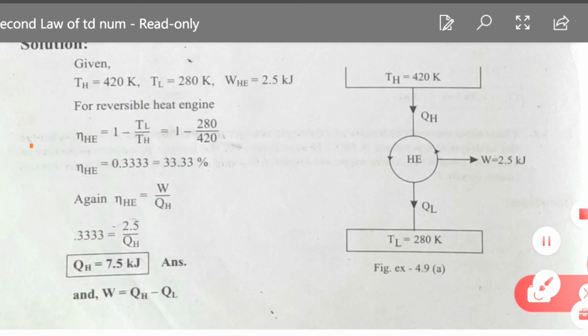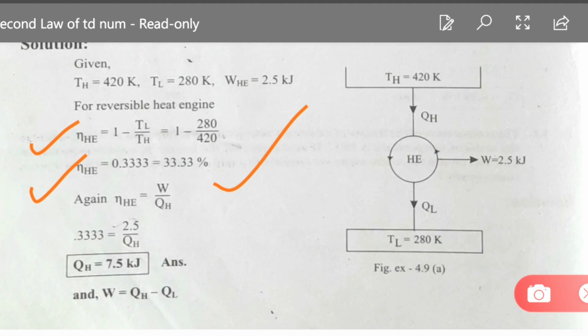Eta equal to 1 minus TL divided by TH. Value of TL is 280 and TH is 420. So eta of the heat engine will be equal to 33.33%. Okay, now again eta equal to W upon QH.